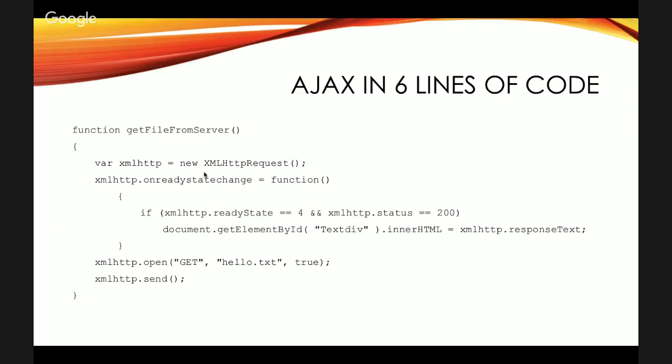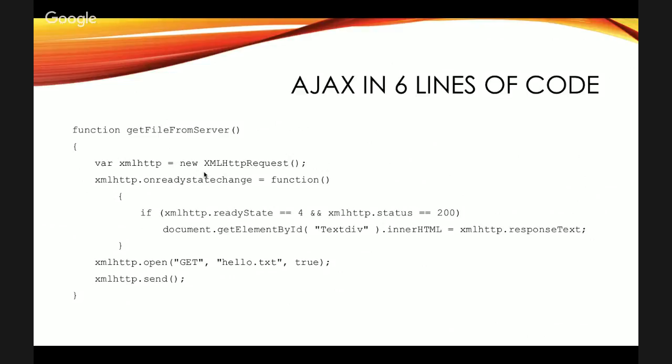And we're going to ask, is the ready state 4? Is the status 200? If it is, we're going to take the response text from the server and put that into a div field and change the contents of that div. That's what we will do when the data is ready.